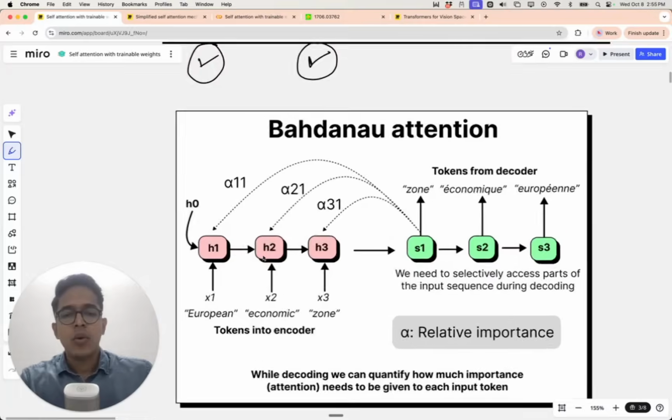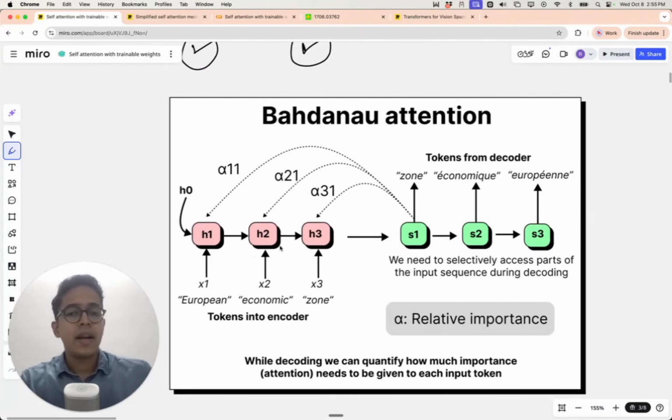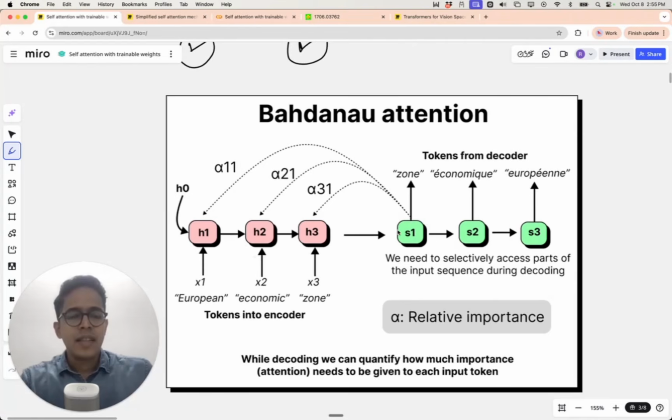So as we know, Bahdanau attention was used primarily in the encoder-decoder architecture in neural machine translation, where every single hidden state in the decoder had access to every single hidden state in the encoder. So these H1, H2, H3 are hidden states in the encoder. And all these states were accessible in the decoder, which was not the case before Bahdanau attention.